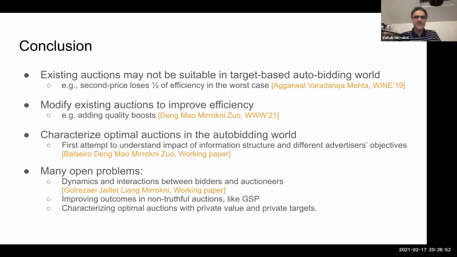So I guess in the target TCPA model, public value and private target is reasonable. This setting that you describe makes sense. Actually, one thing I should have emphasized is that gaming the target itself is harder.